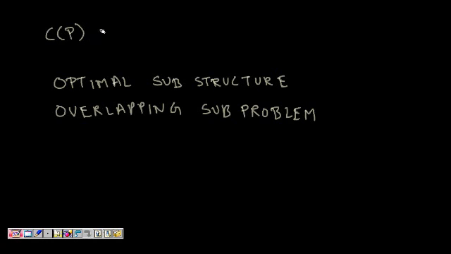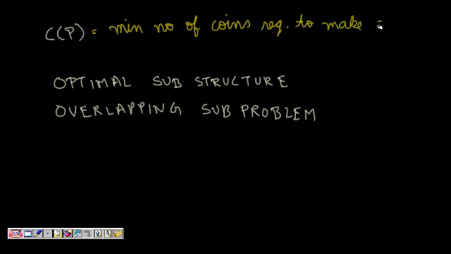So we start with C of P, the minimum number of coins required to make change for amount P. Now we have to write our problem recursively, that is, using solutions for smaller values.